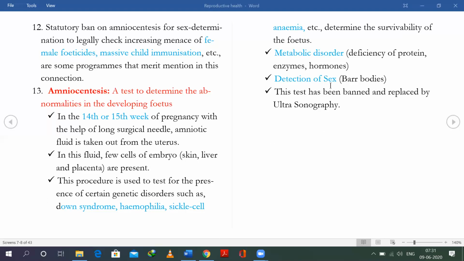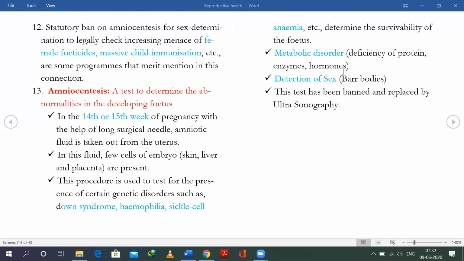And the next thing we get to know is the metabolic disorders, such as deficiency of some proteins, enzymes and hormones. We all know the significance of proteins and enzymes, particularly the acceleration they provide. Enzymes are catalysts for many metabolic reactions.